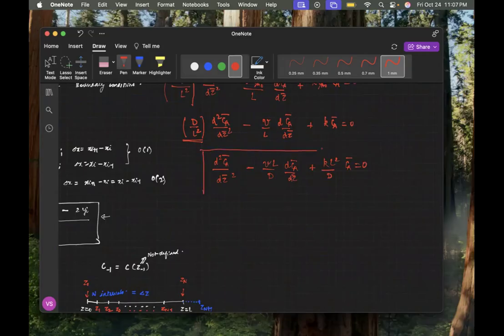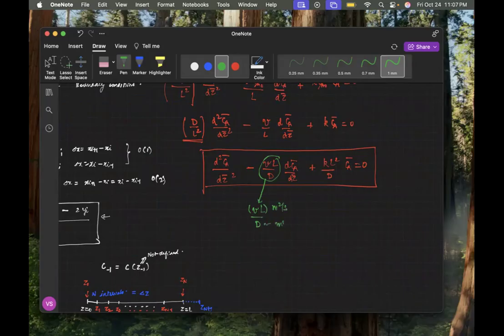Now, this is a very useful equation over here. I'll tell you how. So over here, we have this parameter, which is VL over D, right? So, the unit of this is meter squared per second.